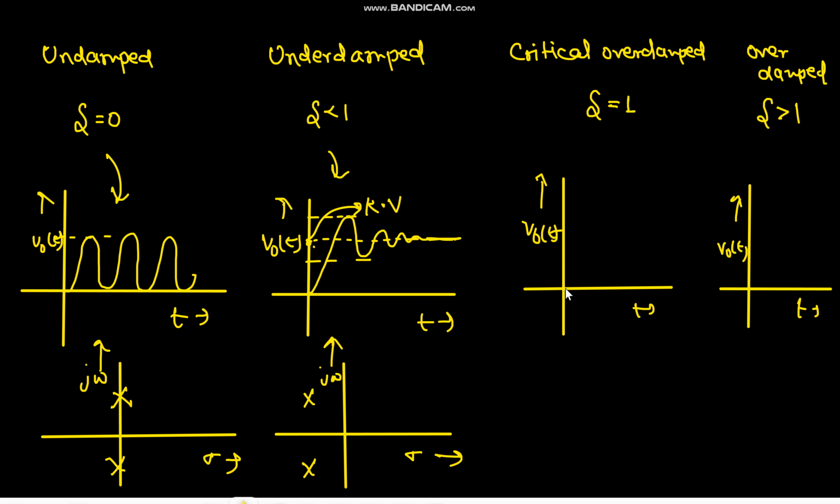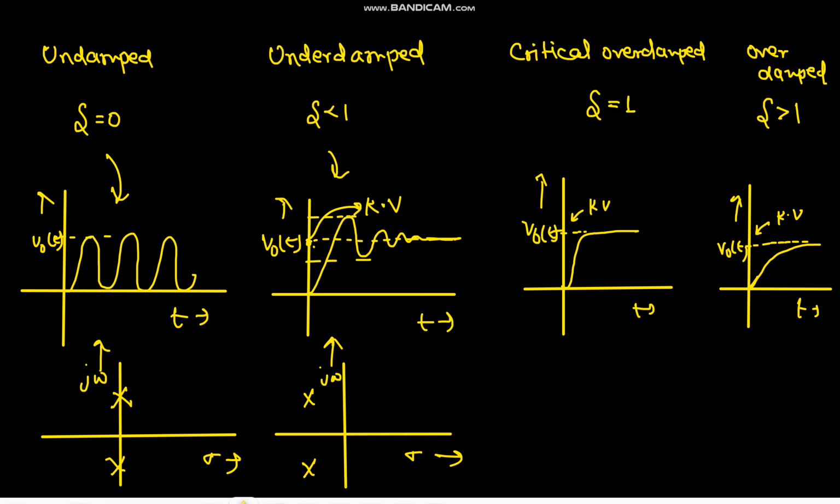So it will rise something like this. Okay, it rises immediately. This is K into V value, and this is K into V value.